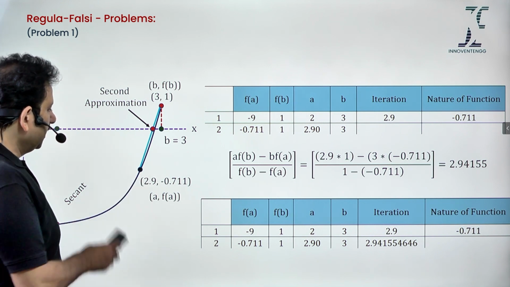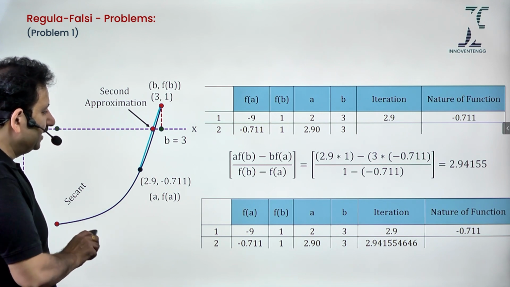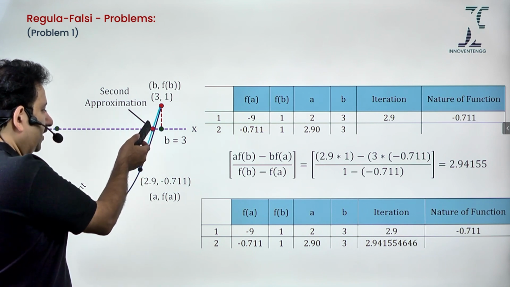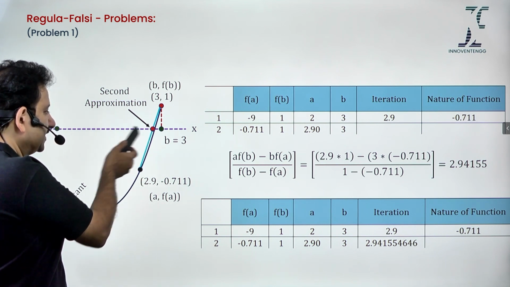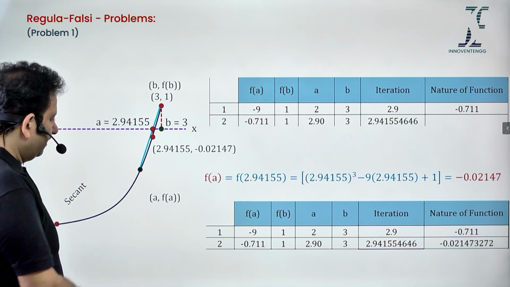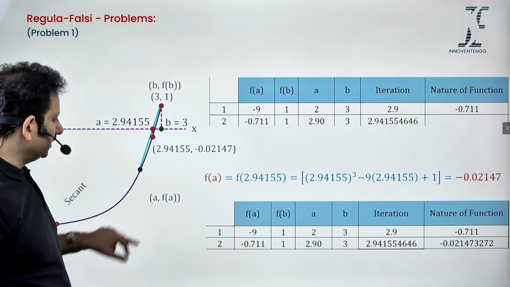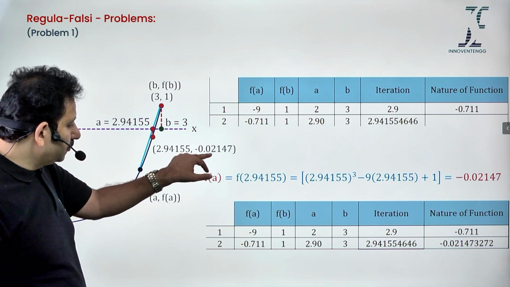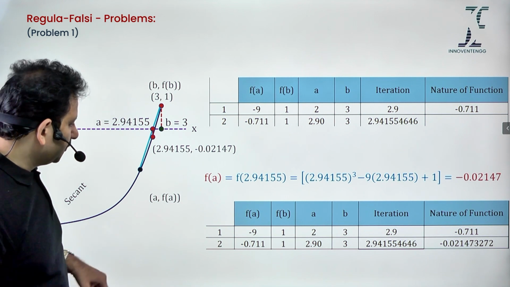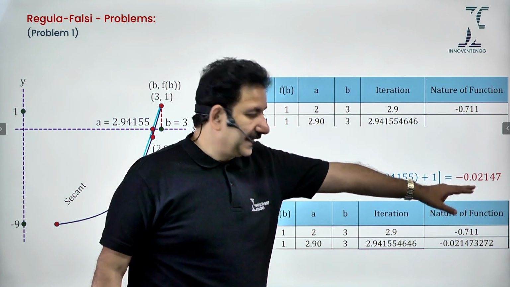Now let's go to the next iteration. This is understood. So the first iteration gave us 2.9 and the value of the function to be minus 0.711. Now the next iteration is going to be simple. You are going to draw a vertical from the second estimated root to the curve, and that's exactly what we have done, and therefore you get the value of the function to be minus 0.02147 at the second estimated root, because if I substitute the second estimated root in the function, I get this value.